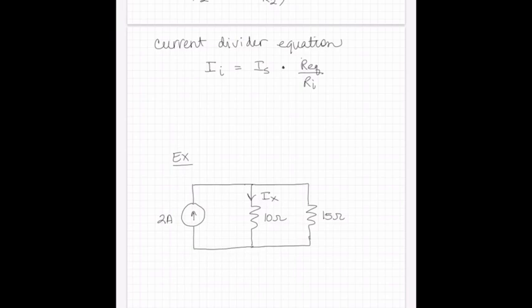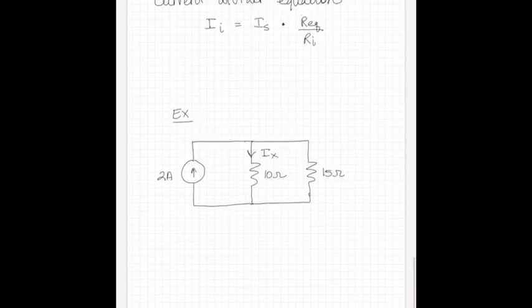Okay, so we will use that here. Again, this assumes the passive sign convention is holding. So Ix is equal to the total source current available to us, 2, multiplied by the parallel combination of all the resistors, 10 in parallel with 15, divided by the resistor we want to know about, in this case 10, because that's the current we're solving for.